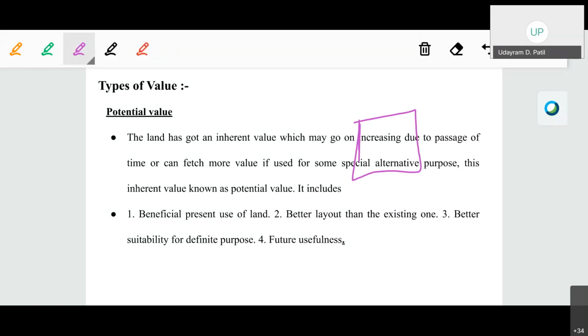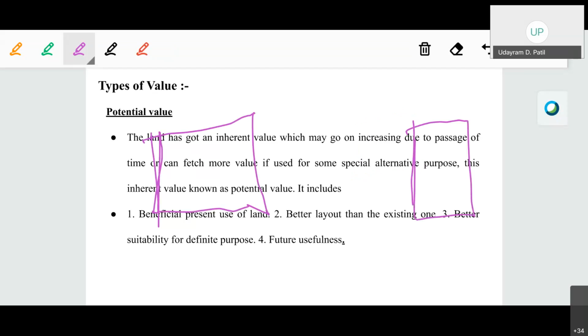Near that particular land, some type of hub is being constructed, or some type of industry development is occurring, or suppose an airport is going to be built there, or the highway is going to pass nearby to that particular site. In that case, the value of my particular property will increase dramatically in the future.